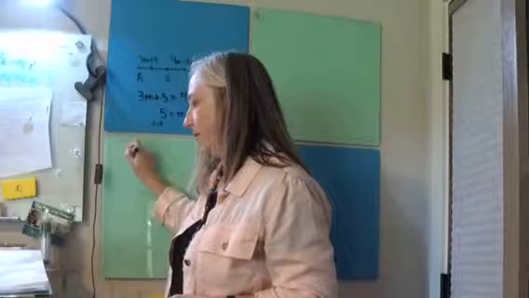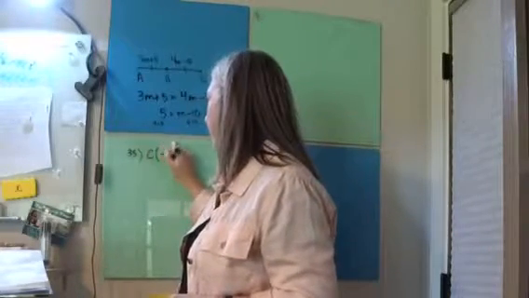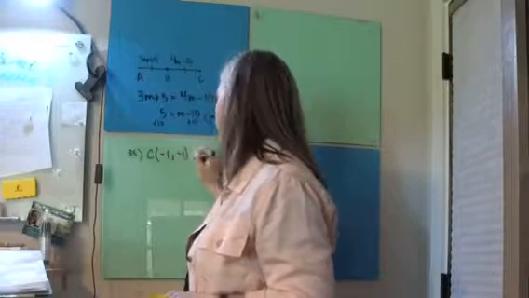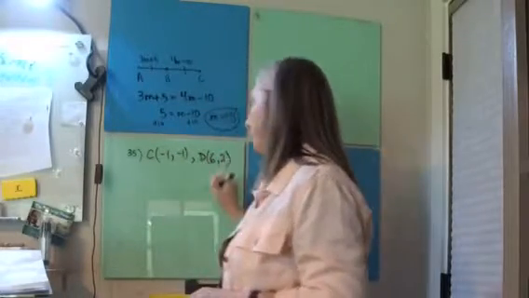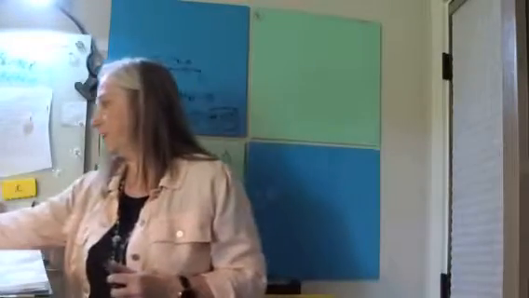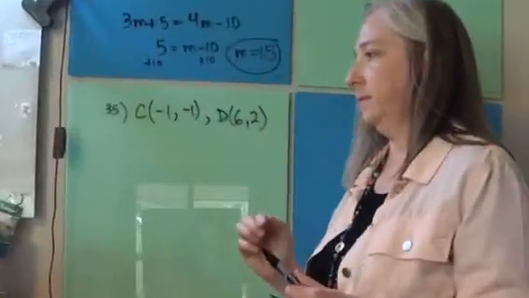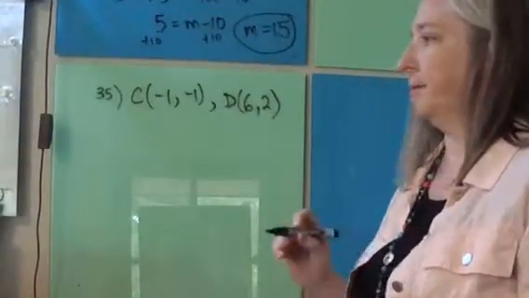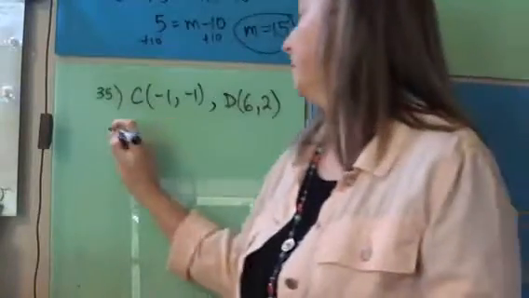So the 2 points that were given are C, -1, -1, and D, 6, 2. So those are my 2 points. Let me see if I can zoom in a little bit more. Okay, hopefully you can see that better. I need to use a distance formula.